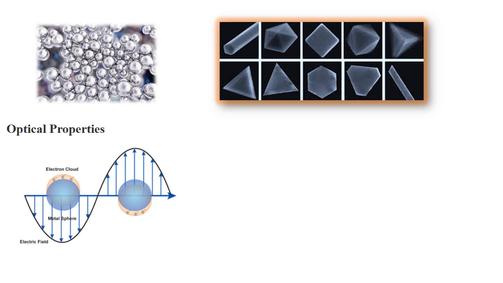This causes charge separation with respect to the ionic lattice, creating a dipole oscillation along the direction of the electric field of the light. When the amplitude of this oscillation reaches the maximum at a specific frequency, we call it the surface plasmon resonance. Other optical properties include size and shape dependent absorption and scattering. These are the optical properties of silver nanoparticles.